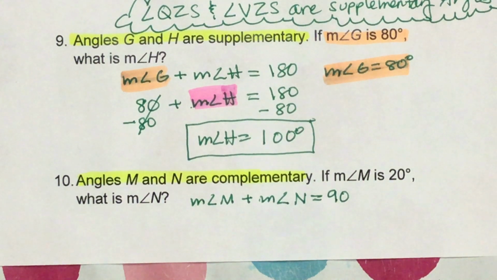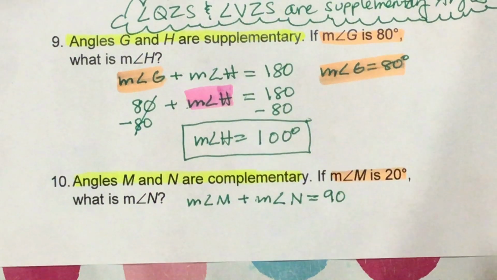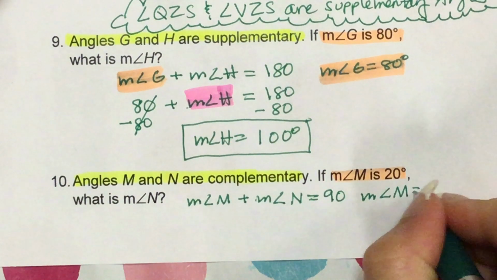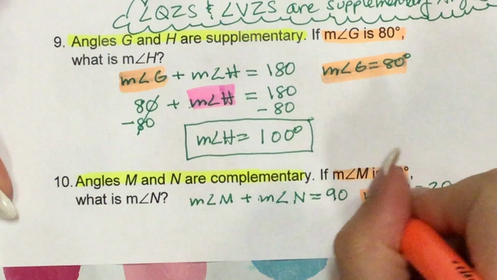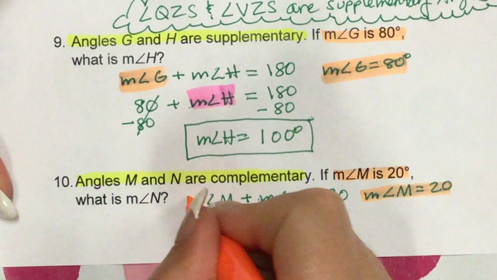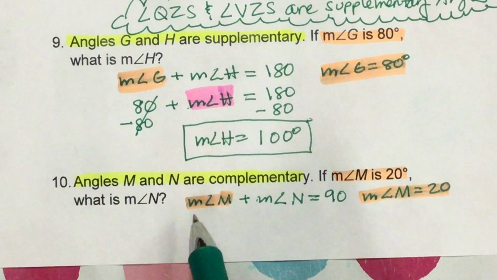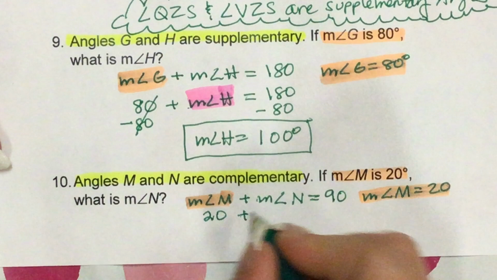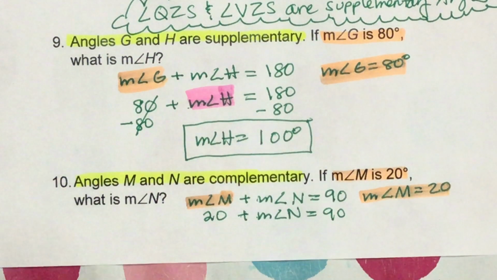The other little tidbit they give us is that the measure of angle M is 20 degrees, okay? So we're going to define that variable. Measure of angle M equals 20 degrees. And then we're going to substitute that in for the measure of angle M right there. So instead of writing the measure of angle M, we're going to write 20 plus the measure of angle N equals 90. There's our equation.